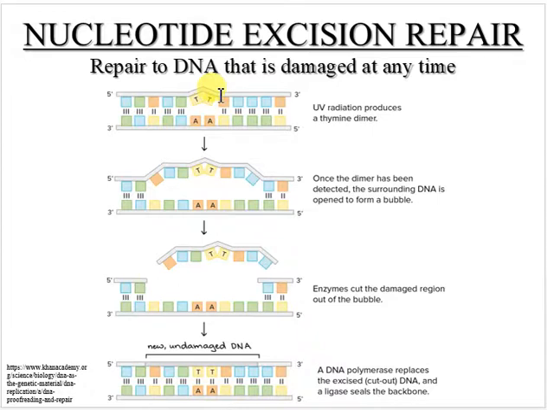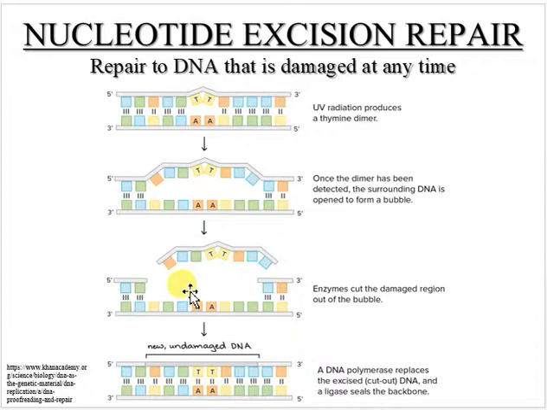Photolyase is another kind of repair system for that thymine dimer. Once the dimer has been detected, it's kind of like your alarm signals are now all going off. The surrounding DNA is opened up to form this bubble. Enzymes will then come in, they cut the damaged region out of the bubble, right? So here it's been cut on either side, so you have the incision in the DNA.